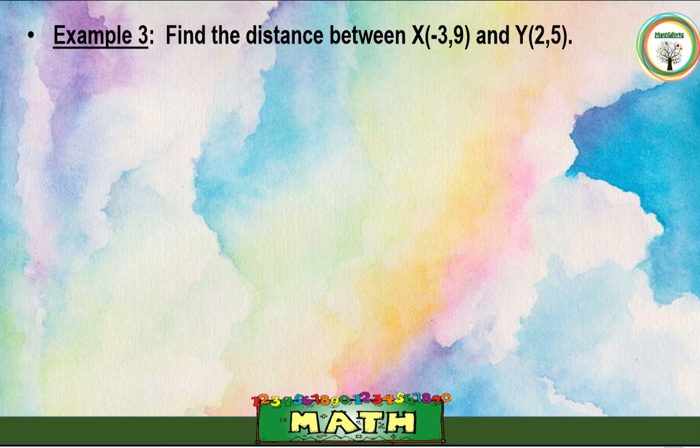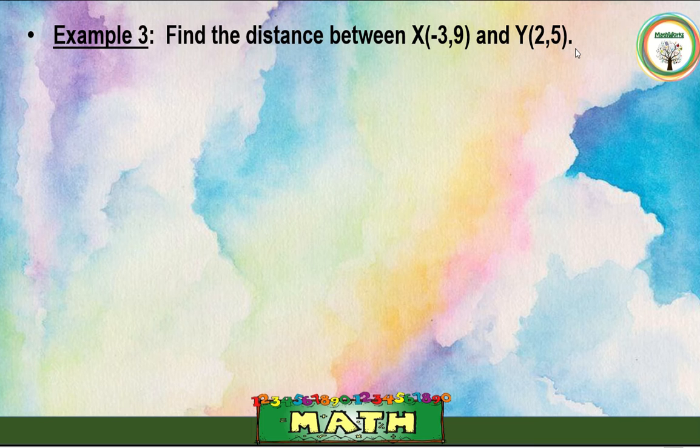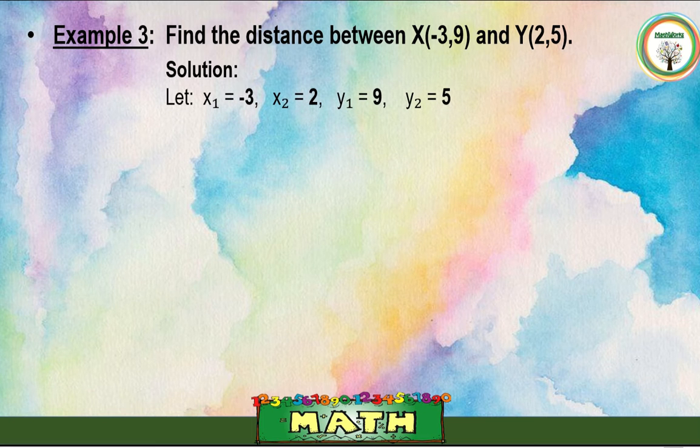Let's have the third example. Find the distance between point X and point Y. So point X is negative 3, 9, and point Y is located at 2, 5. For our solution, so the x sub 1 is negative 3, x sub 2 is 2, y sub 1 is 9, and y sub 2 is 5.